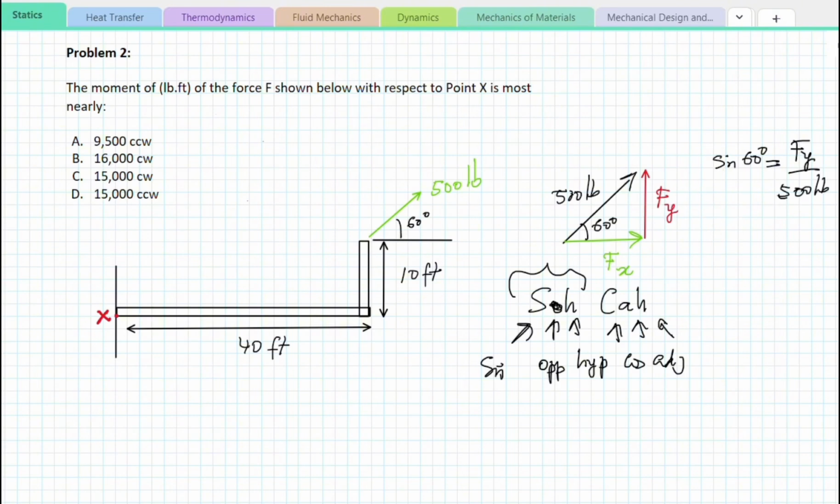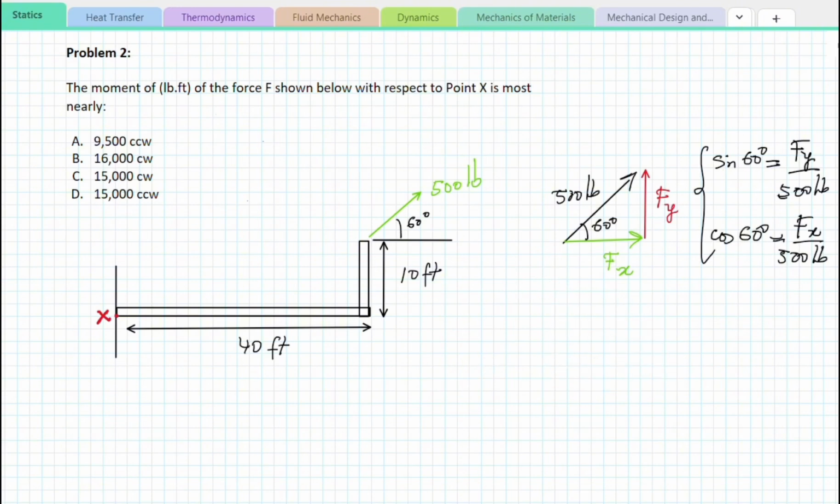Similarly, for the X component of our force, cosine of 60 degrees is equal to the adjacent side of that 60-degree angle, which is Fx, over 500 pounds, which is our hypotenuse. So if we plug in our numbers in the calculator and solve for Fy, we get roughly 433 pounds. And as far as Fx, we get 250 pounds.